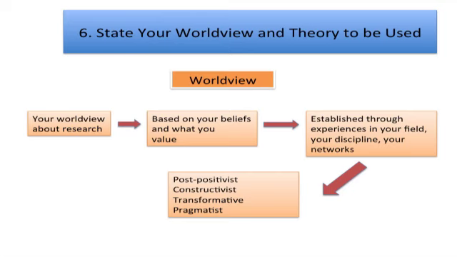Well, how do these beliefs develop? Usually through the research communities you're part of, your experiences as a student, your field, your discipline, your networks. And then these in turn would inform a worldview, and there are at least 4 different types: post-positivist, constructivist, transformative, and pragmatist. And each one of these worldviews has different assumptions.